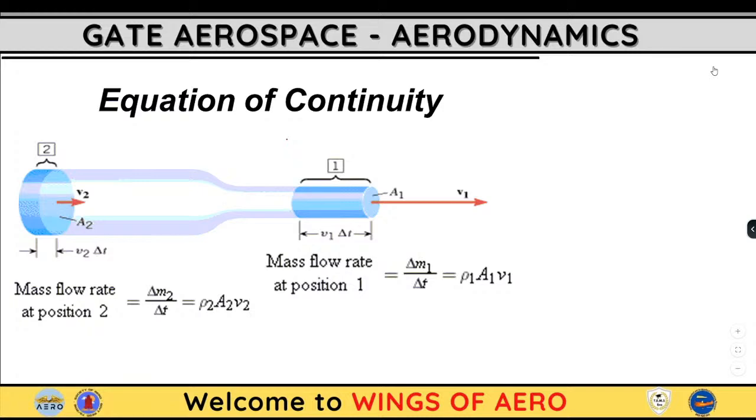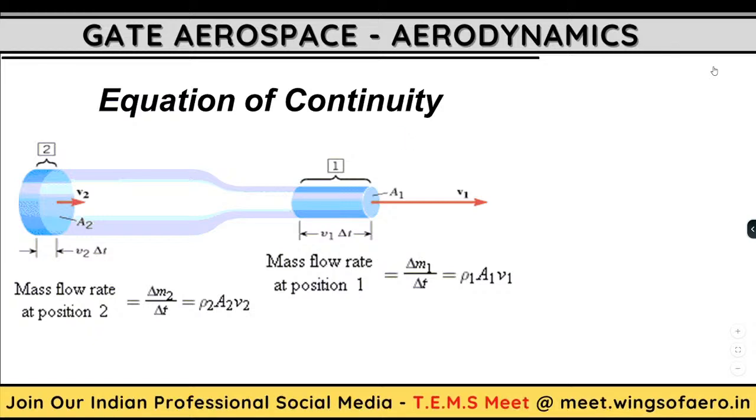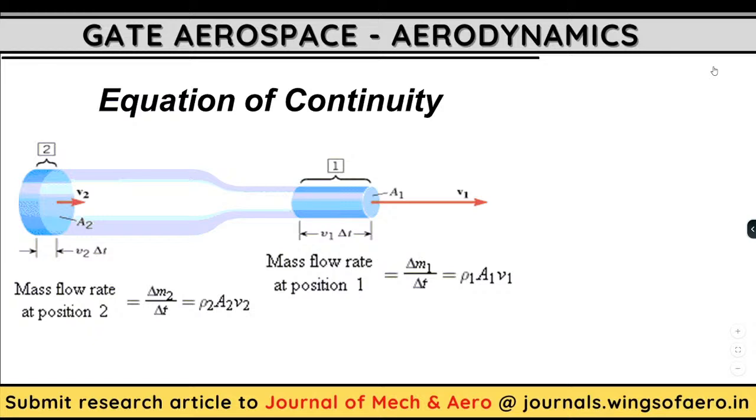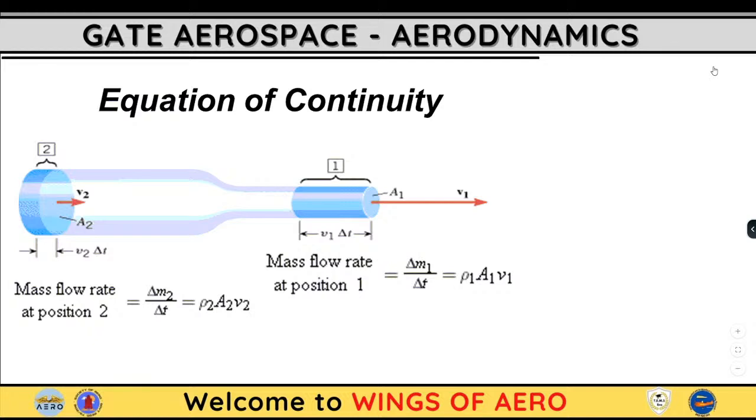About the topics. For last class, we completed the nature of the flow, where we saw the stream functions, velocity functions, and how to predict the flow, whether it is a compressible fluid, incompressible fluid, rotational flow, uniform flow. So last class we saw all the types of the nature of the flow.